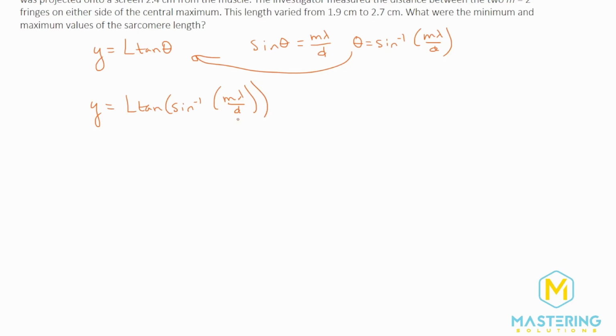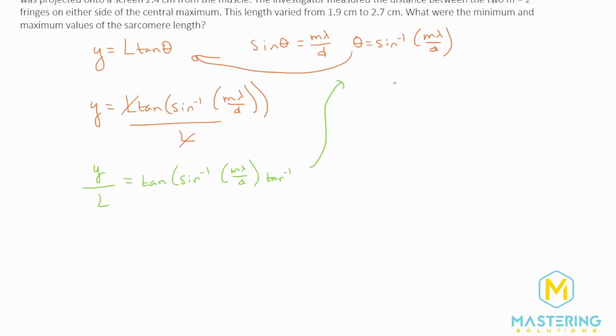So now to isolate the d, first let's divide both sides of the equation by L. So if we divide by L, that'll cancel. Okay, so now we'll have y divided by L is equal to tangent inverse sine m lambda over d. Now we can take the inverse tangent of both sides.